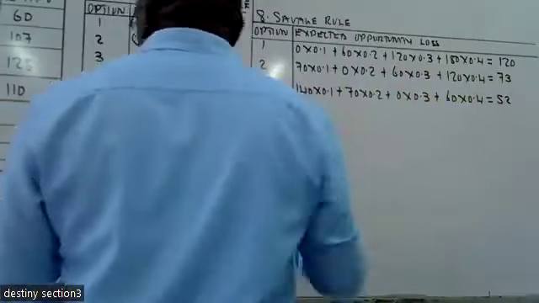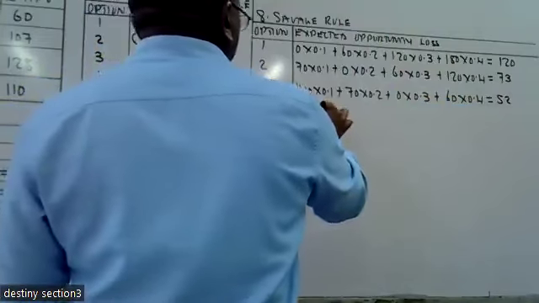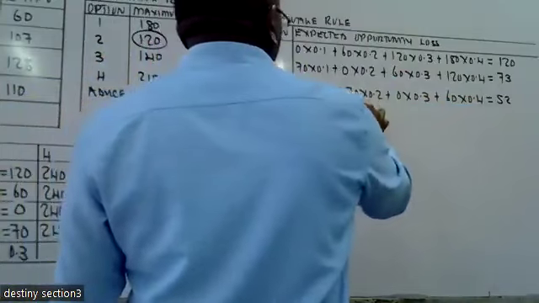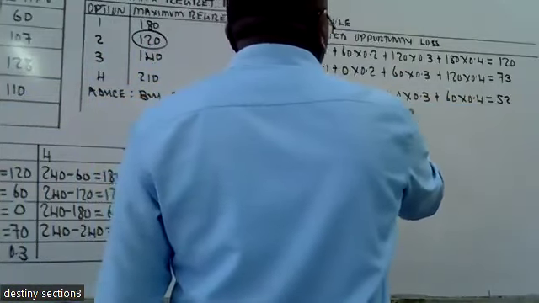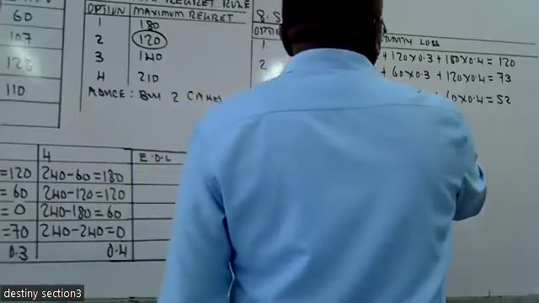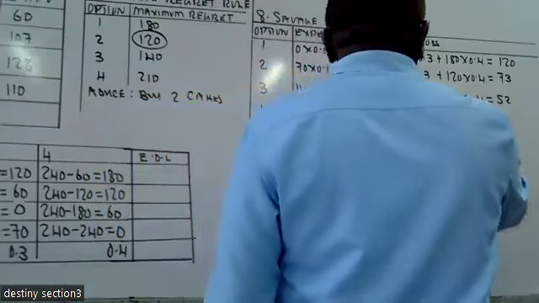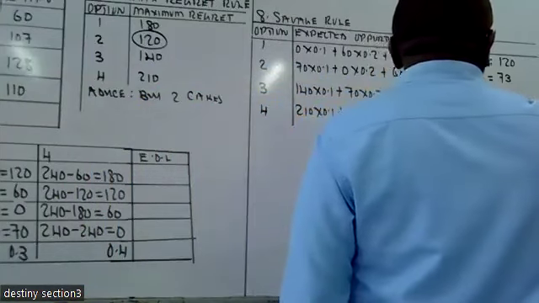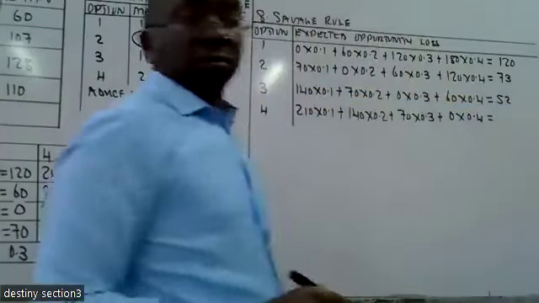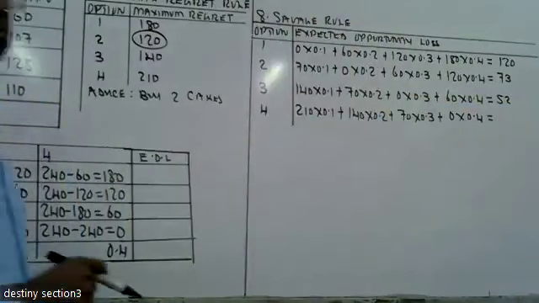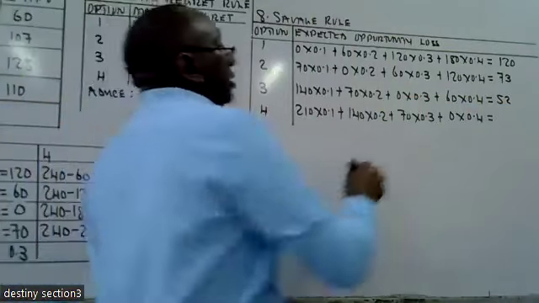Number 4 is 210 times 0.1 plus 140 times 0.2 plus 70 times 0.3 plus 0 times 0.4.